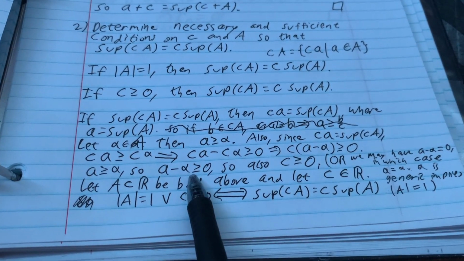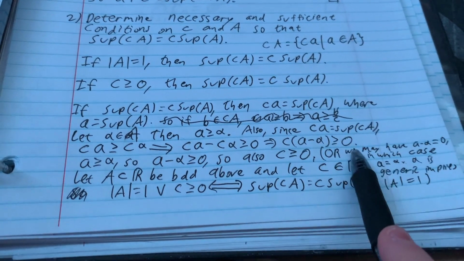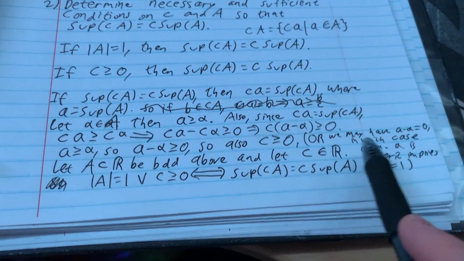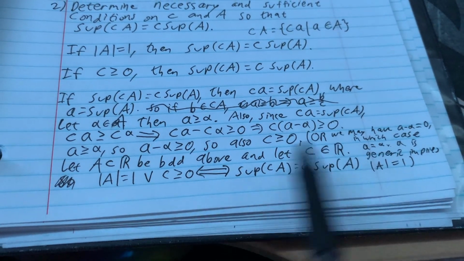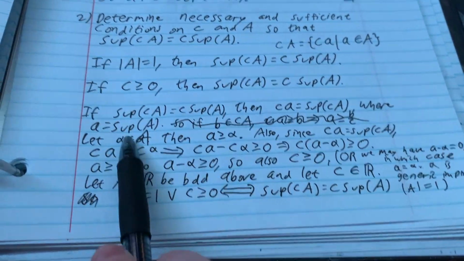Which means either C is greater than or equal to 0, or a minus alpha equals 0, which means a equals alpha.